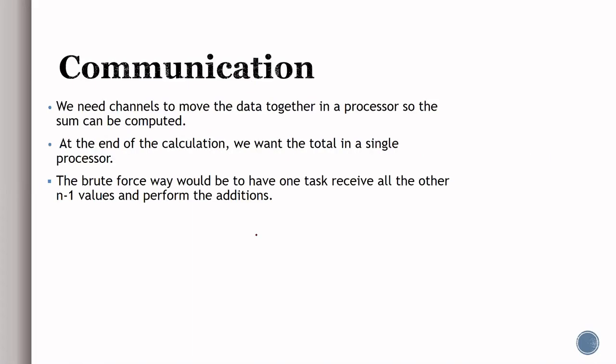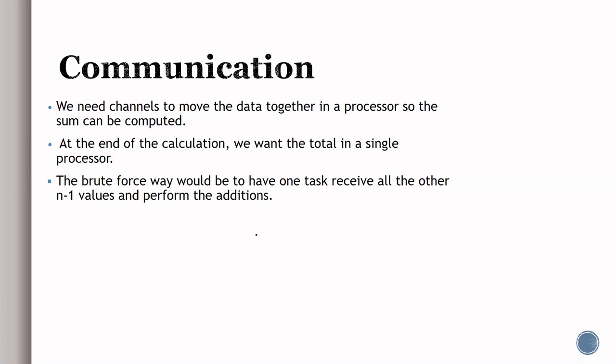A task cannot ask for the value stored in another task directly. They need channels to communicate. In order to deduce the communication pattern, we need to identify the pairs which are communicating. Once the sum value is obtained from a pair, we are interested in only the sum to proceed further.